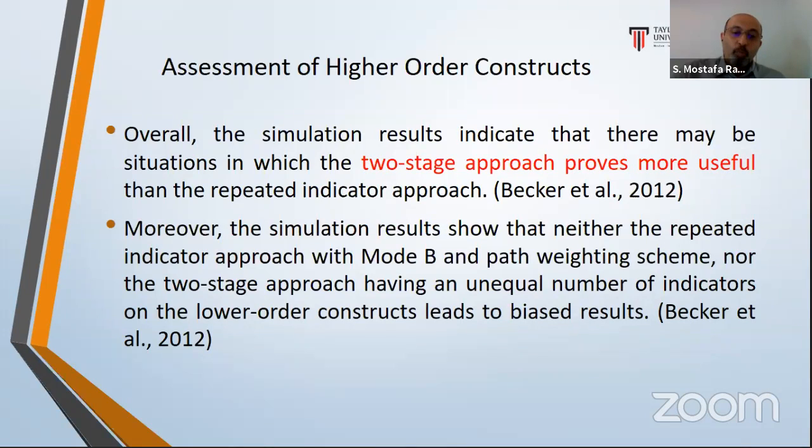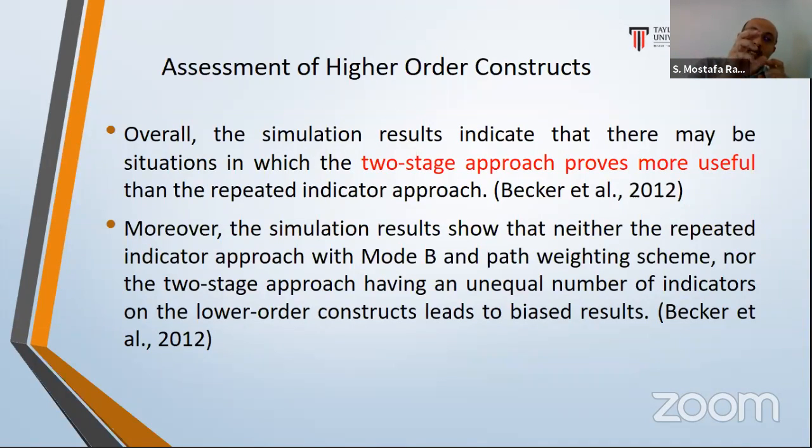For both methods, in the first stage, we calculate the score of the latent variables, the scores of dimensions, the first order constructs, and then we use these scores in the second stage to establish the second order construct.